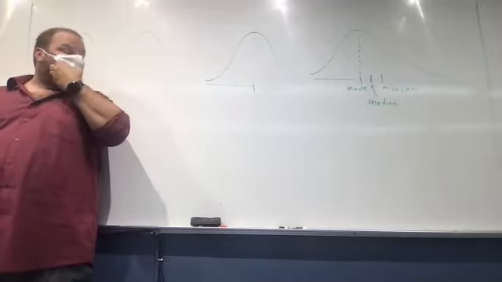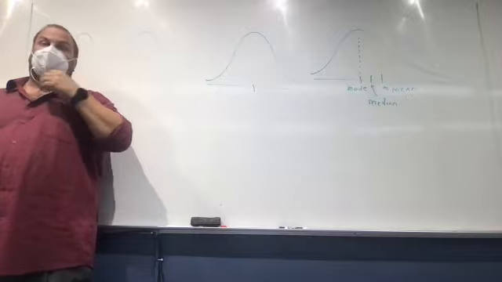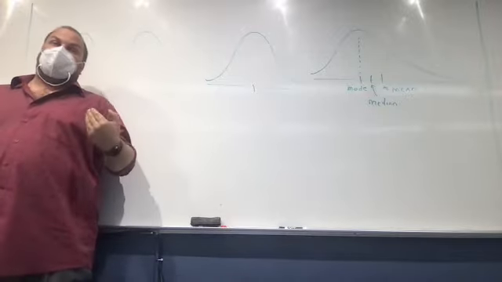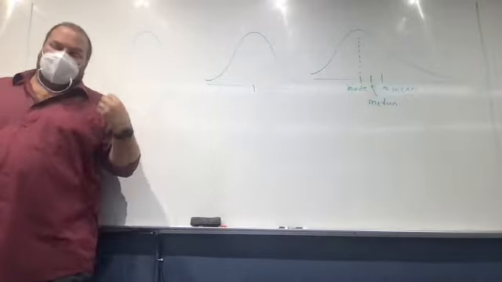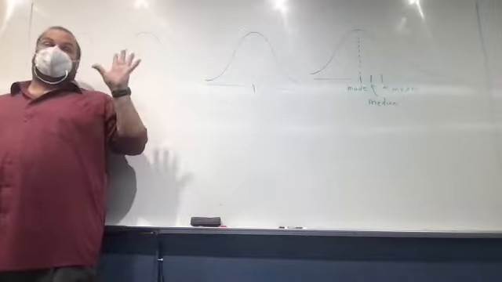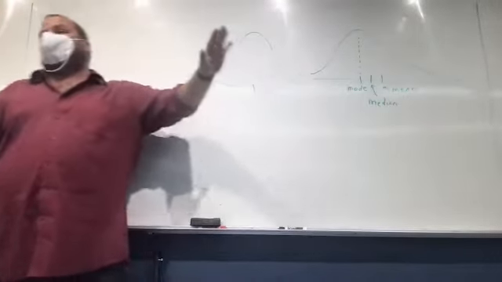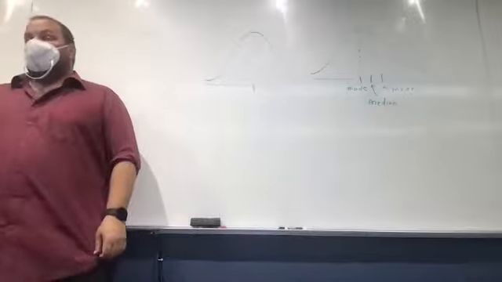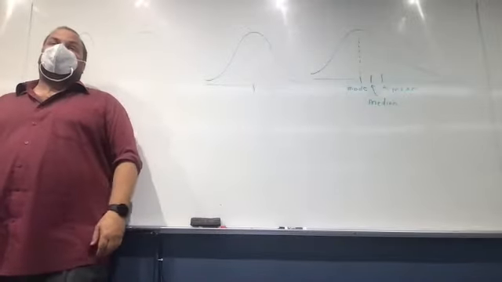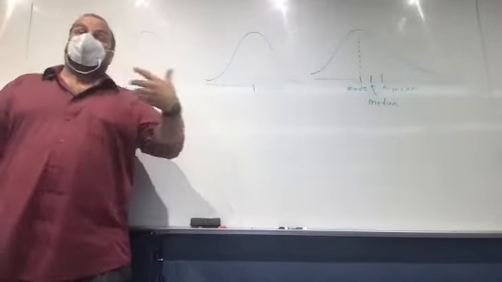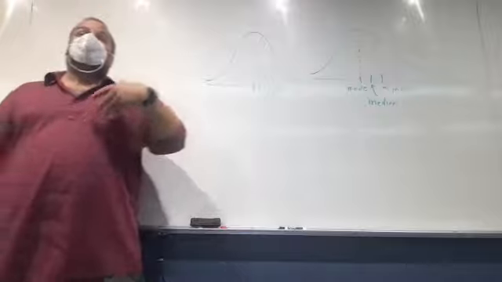Now, I just want to throw in something here. It is possible to devise histograms where this is not true, but you're not going to have it in this class. So in this class, you might see questions like, what is usually the case? Or where is the mean usually?